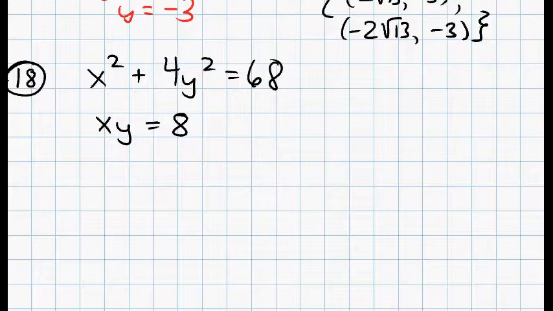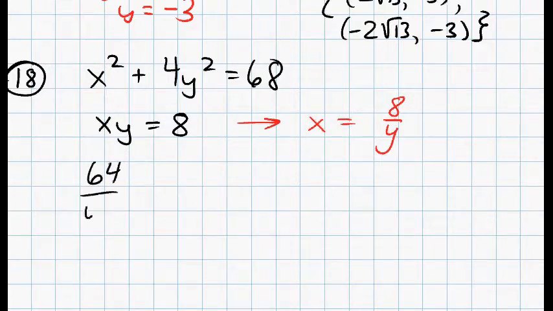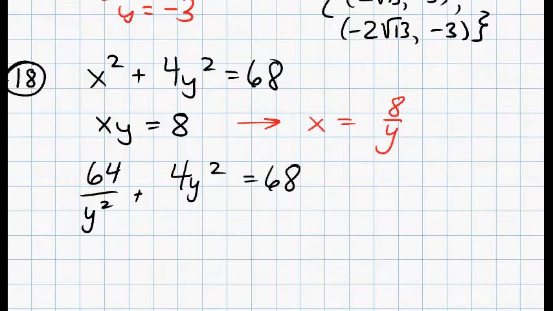I will solve for x. So x equals 8 over y, and you will plug that into the first equation. So 64 over y squared plus 4y squared equals 68. We are solving by substitution.